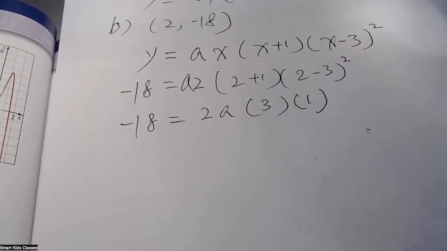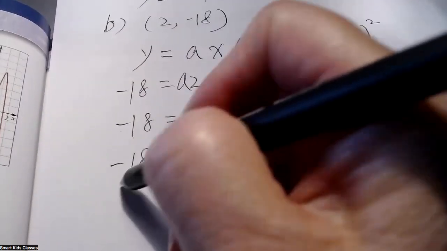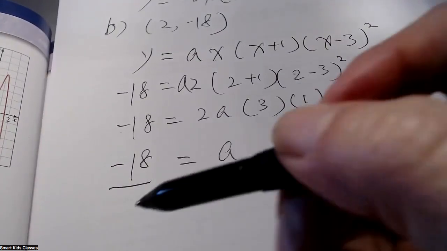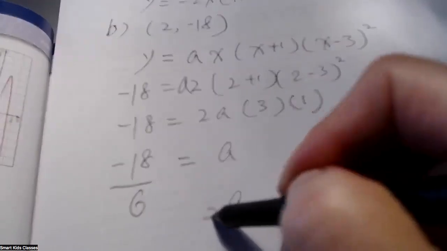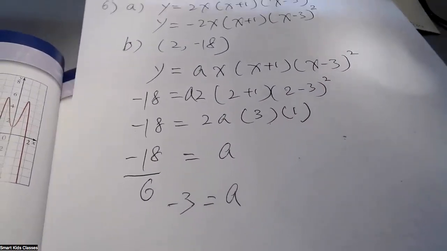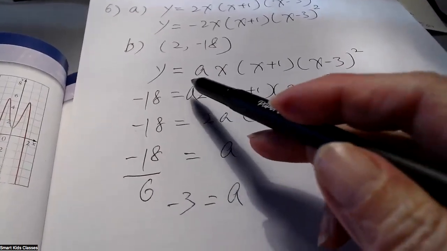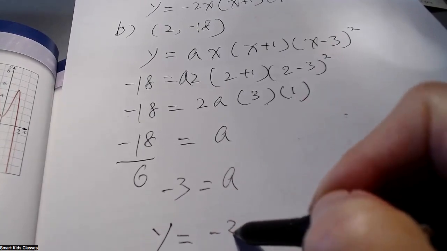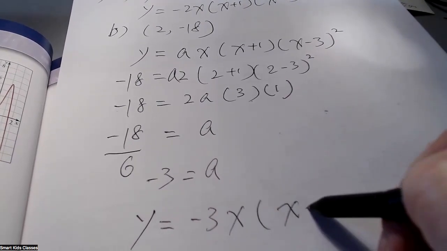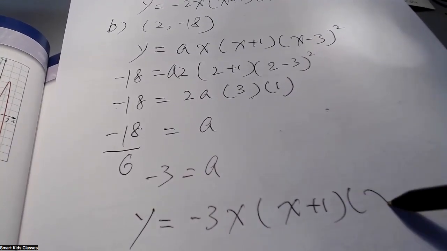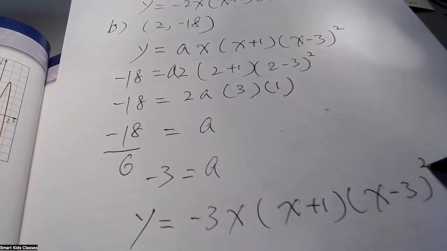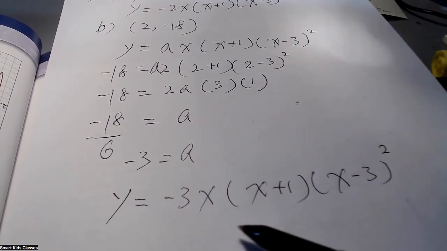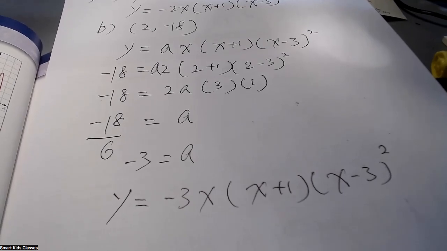Then a is negative 18 divided by 2 times 3, which is a positive 6, so a equals negative 3. The equation will be y equals negative 3x, x plus 1, x minus 3 exponent 2. So the point 2 and negative 18 is on the equation. That's for B.